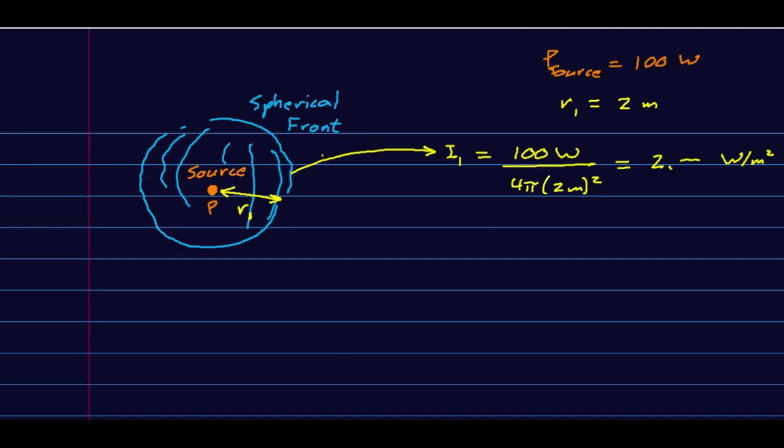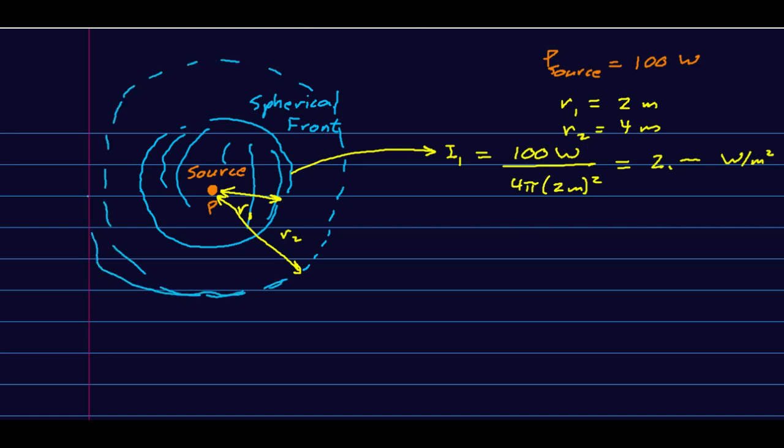And now if we walk across the room so that instead of being 2 meters from the speaker, we are now, let's say, 4 meters from the speaker, then now that same amount of power is spread out over this larger spherical front.